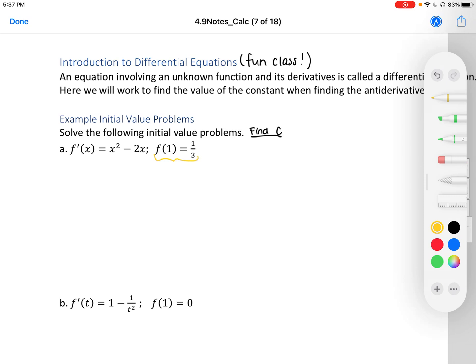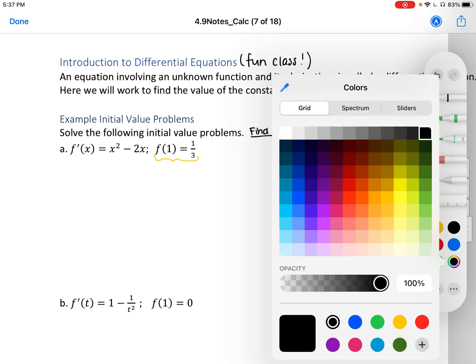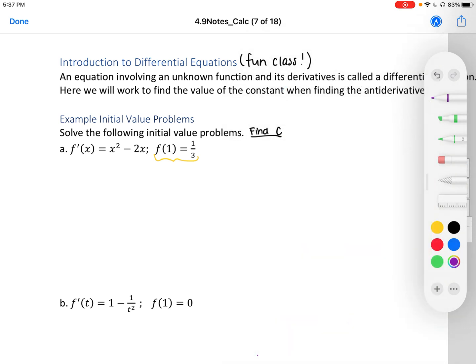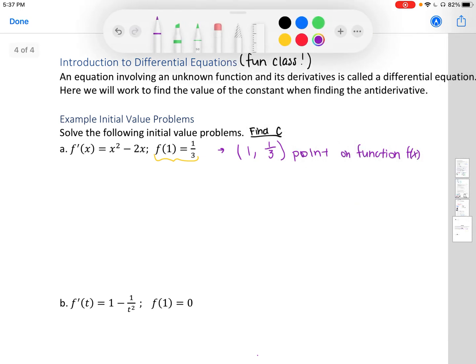This f of 1 equals 1/3 tells me that we have the point 1 comma 1/3 given. This is a point on your function f of x. But we don't have f of x, we have f prime, we have the derivative.